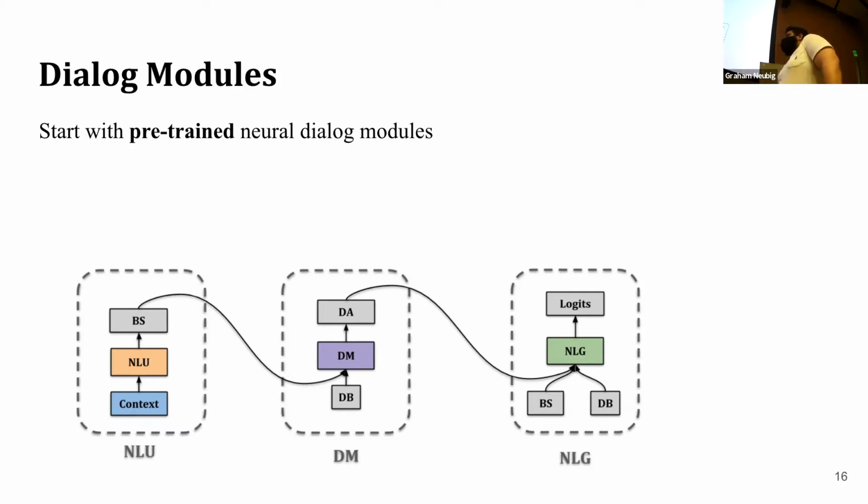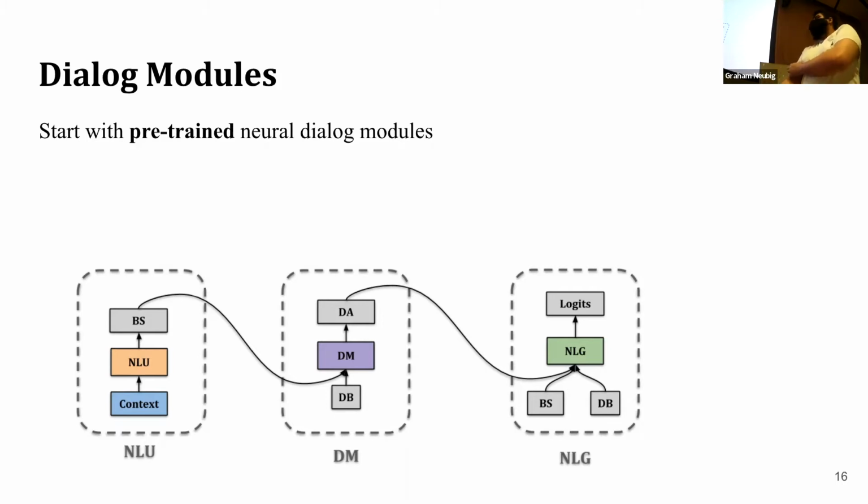And as I showed in the pipeline dialogue system diagram, the NLU goes from some context, the dialogue context, to a belief state. The dialogue manager goes from the belief state and some database vector to the dialogue act. And the NLG goes from the dialogue act, as well as the belief state and the database vector, to natural language.